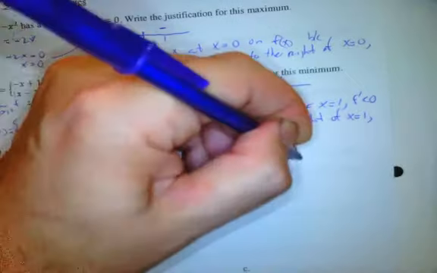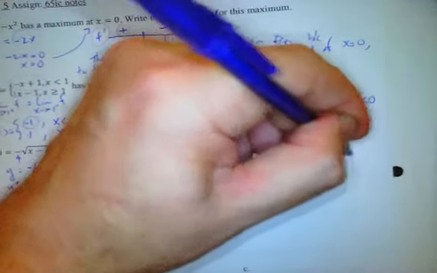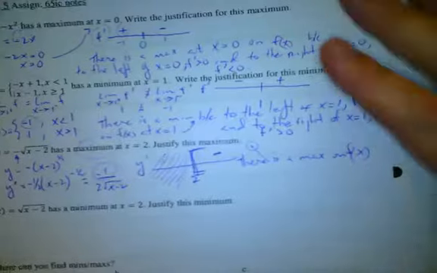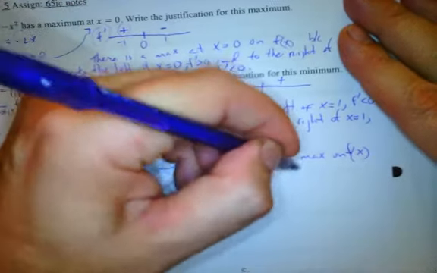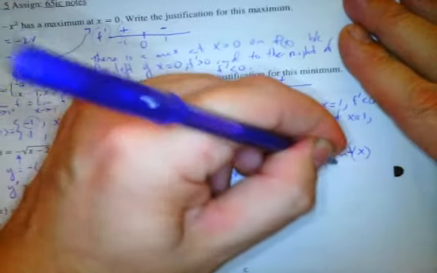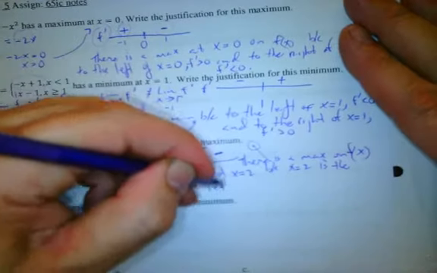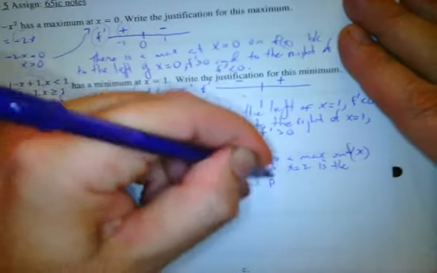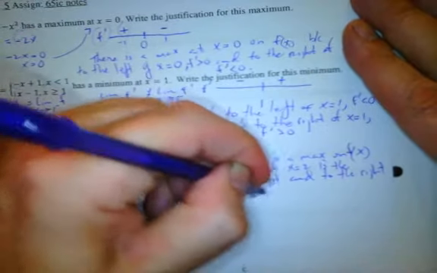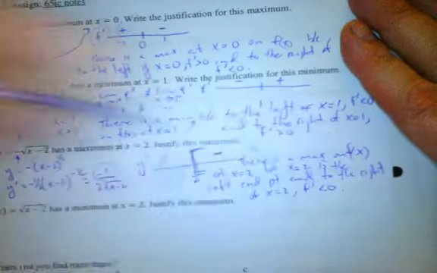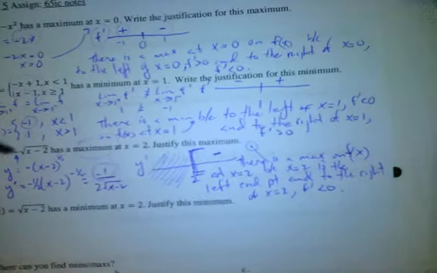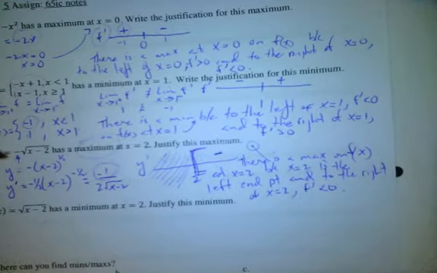And my justification sentence would be, there is a max on f of x at x equals 2 because x equals 2 is the left endpoint, and to the right of x equals 2, f prime is less than 0.